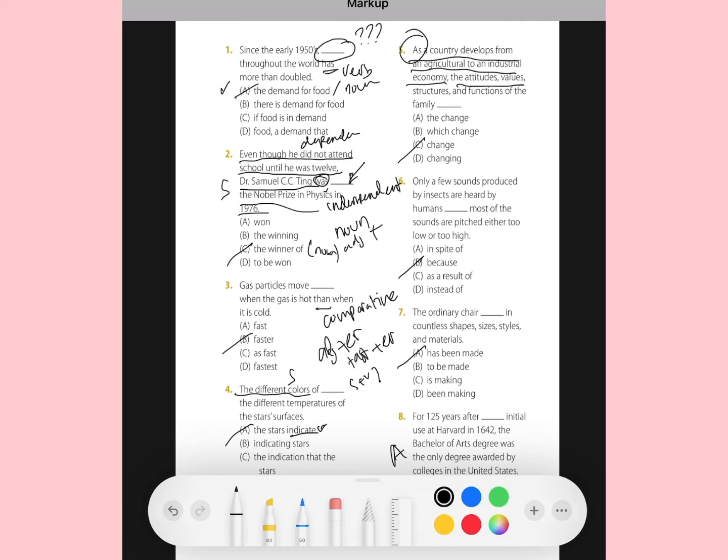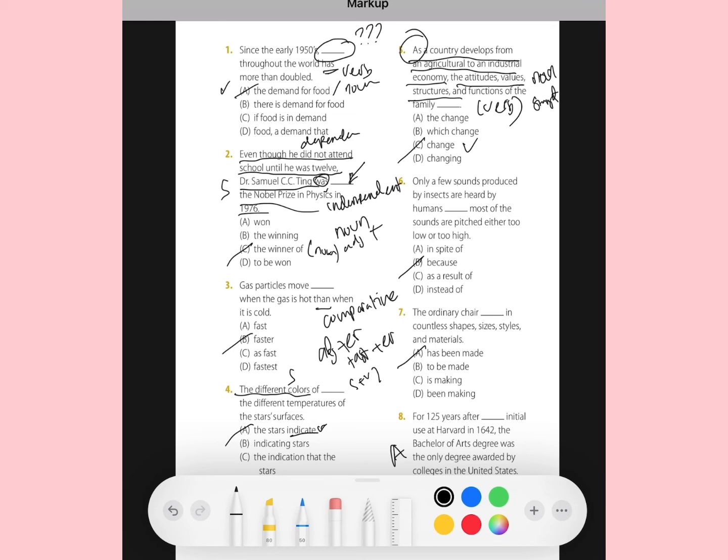Okay, so you see here, attributes, values, structures, functions of the family are the nouns as subject. So there is something missing here, which is the verb, right? So which one from A to D is the verb, right? That must be change. Okay, now let's do number 6.